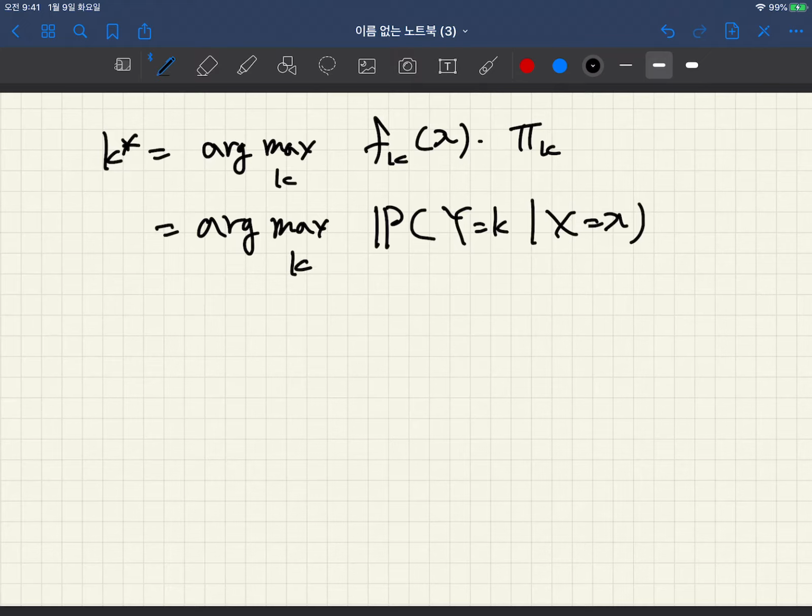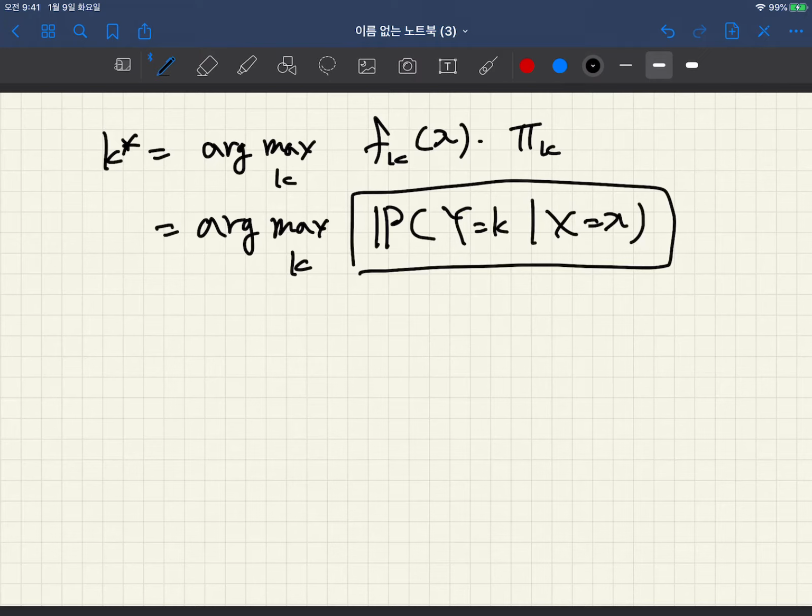In the previous video clip, logistic regression essentially directly computes this conditional probability vector using the score vector, logit vector, and softmax function. But we can find the k star using the density function and prior distribution.